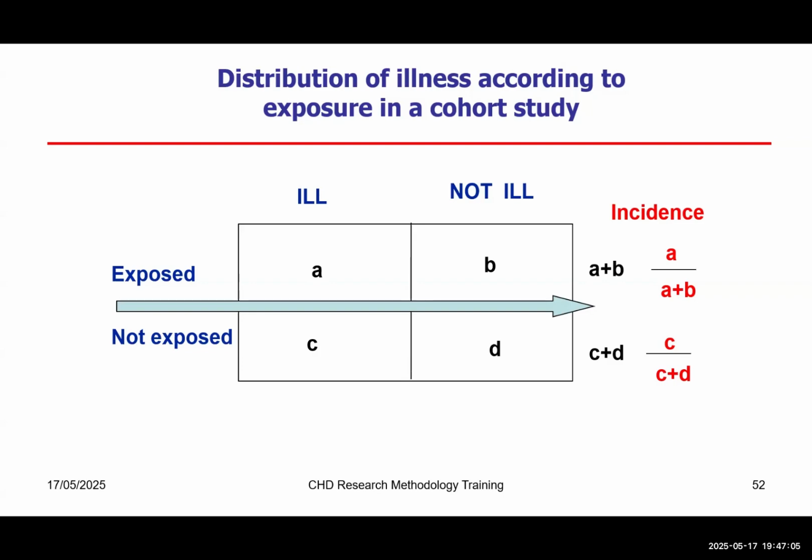If it is less than 1, it means being exposed to that thing will actually protect someone from coming down with the outcome measure of interest. So basically, that's what it looks at, your relative risk: the incidence of exposed over the incidence of those not exposed to the disease.